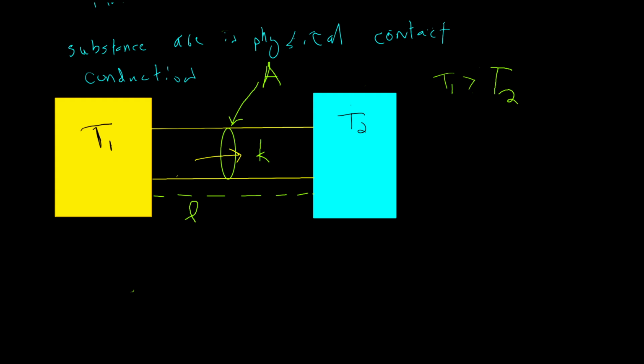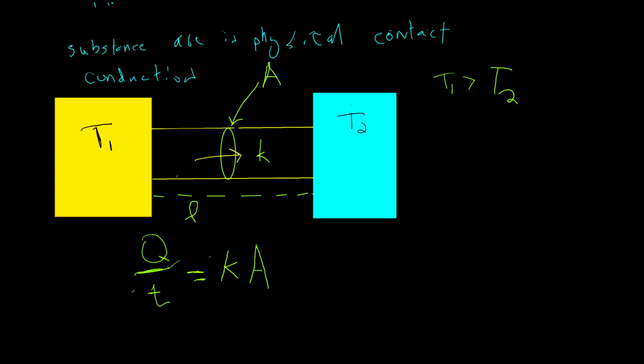And so what we'll do is we'll make how quickly heat flows, the amount of heat per time, equal to that K constant times the cross-sectional area.